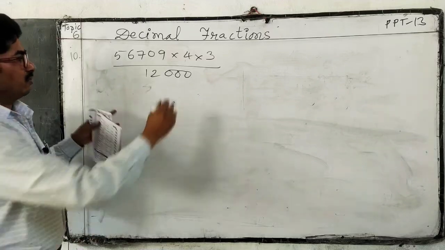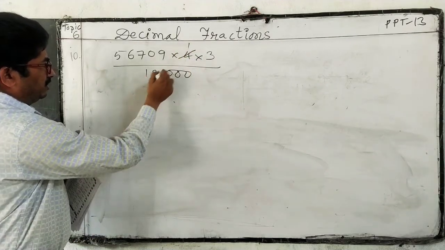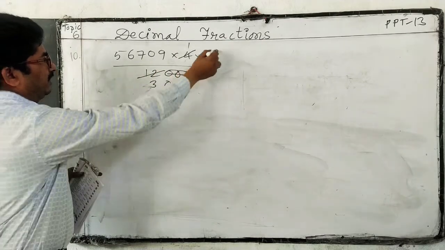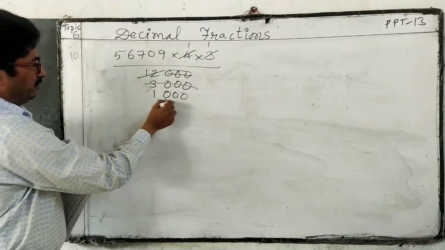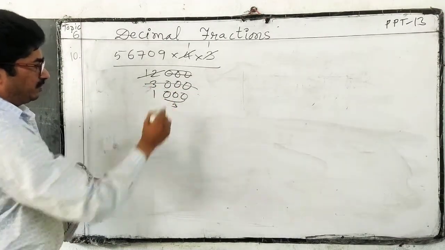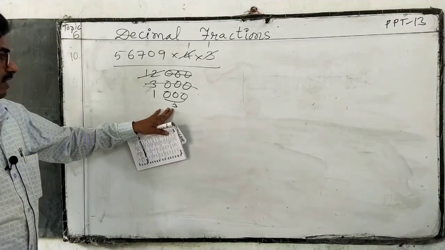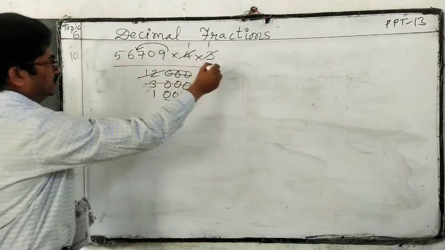First we have to cancel these numbers. 4 ones are 4, 4 threes are 12, 3 ones are 3, and we get zeros. Here we have 3 zeros after 1, meaning 1000. To divide by 1000, we shift the decimal to the left by 3 places.